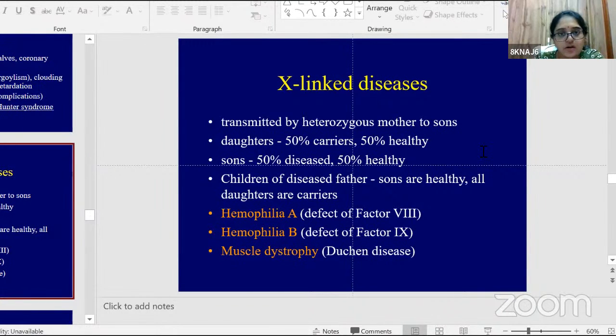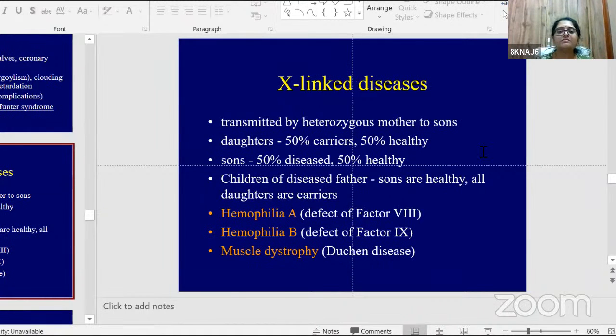Females are not at all or very rarely affected. Unaffected males are not able to transmit this disorder as they do not have the abnormal X-linked gene at all. With carriers, like I told you, there is a 50% chance with each pregnancy: sons will inherit the gene and be affected, daughters will be carriers.